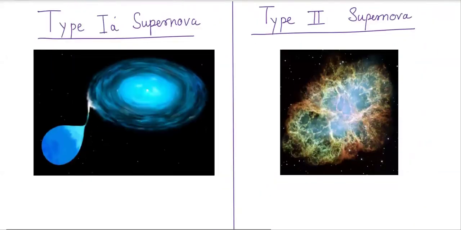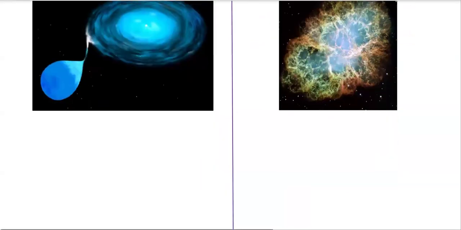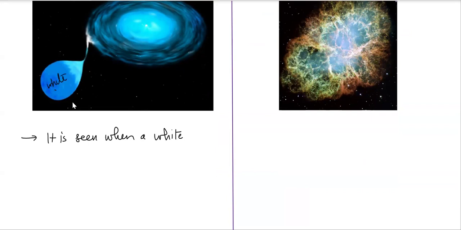The last part of this is two types of supernovas. Now, there is the type 1 supernova and the type 2 supernova. The type 1 supernova is seen when a white dwarf, like this, is involved.